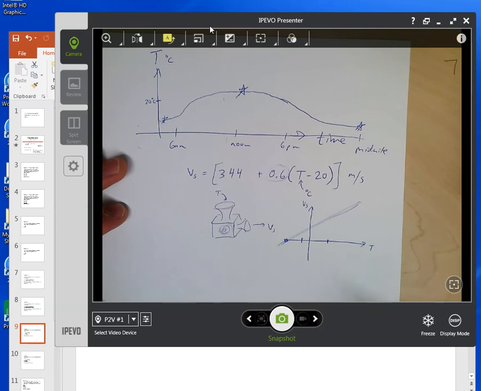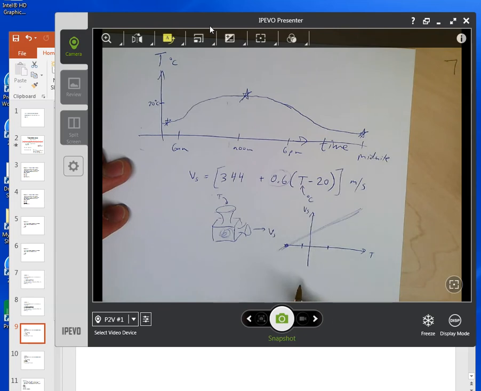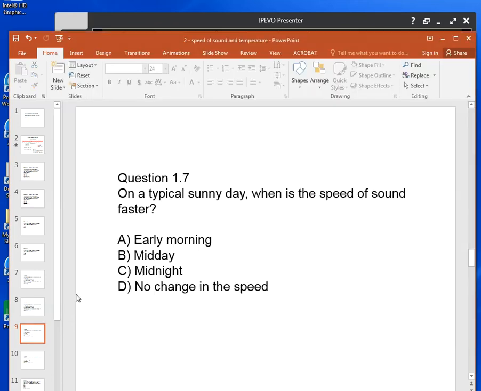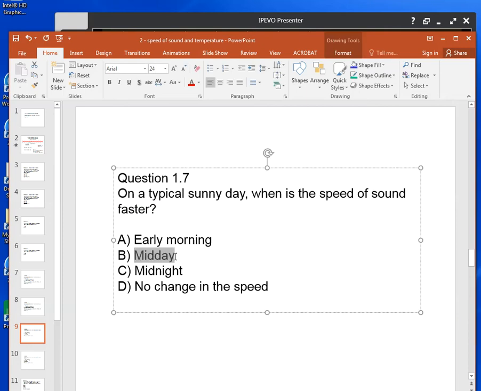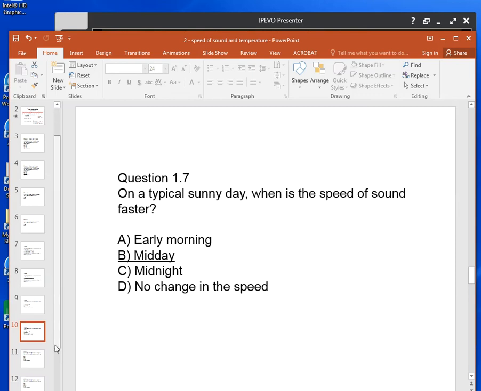So in any case, the higher the temperature, the higher the speed. The lower the temperature, the lower the speed. So perhaps you can make some ideas about what's going on here: if you have a very sunny day, then around midday we'll expect that the temperature is the highest, and therefore the speed will also be the highest.